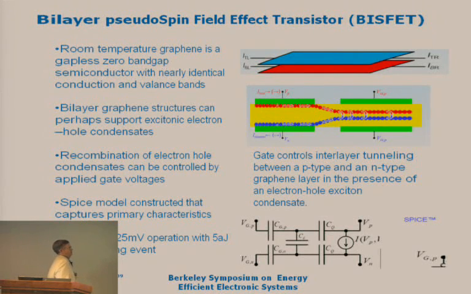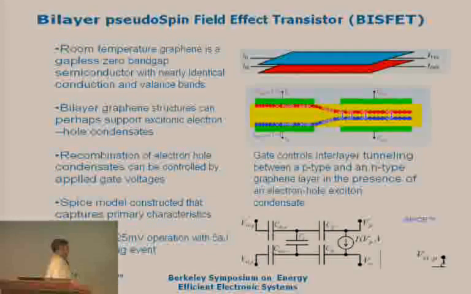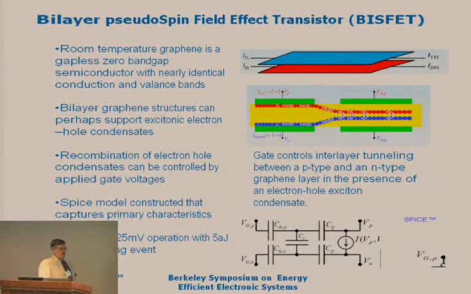But if the bias goes to zero, then the conductivity between these two channels shoots up dramatically. Now that'll give you a very different type of IV curve than the one we're used to. But the interesting thing here is they predict 25 millivolt operation at 100 gigahertz or 5 attojoules per operation.